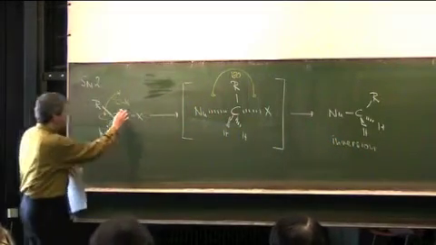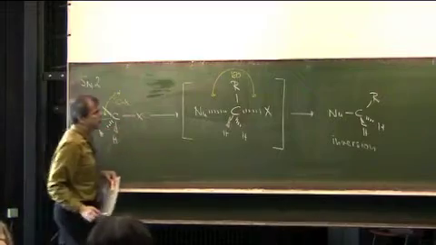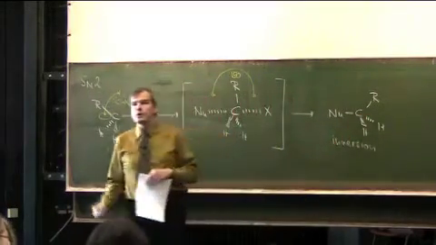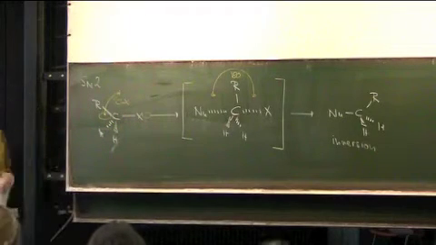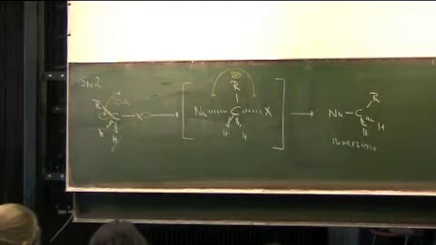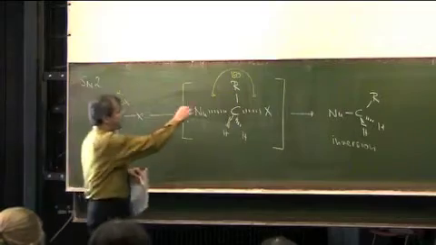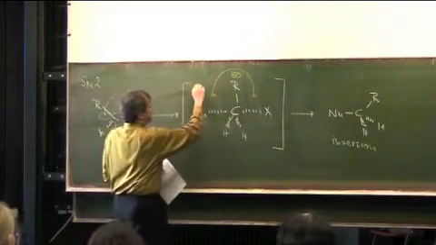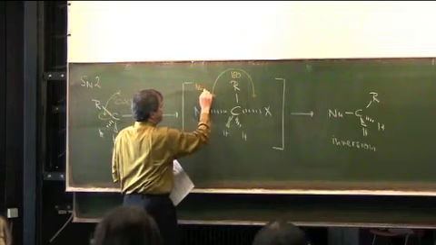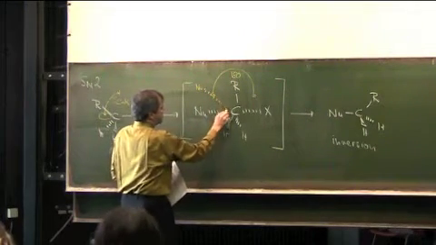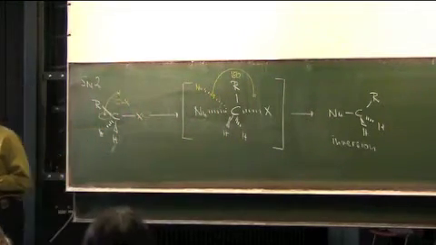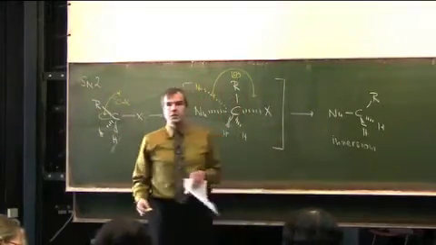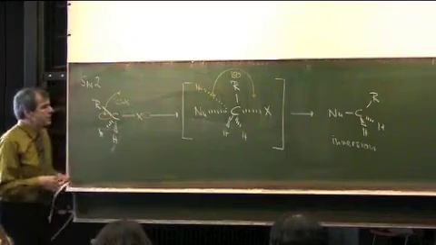So if we would have a chiral center, this center should be inverted, and so you should get the opposite stereochemistry. But that does not really tell you if we have a 180 degree angle, right? The same could be true if for some reason the nucleophile would come from here.